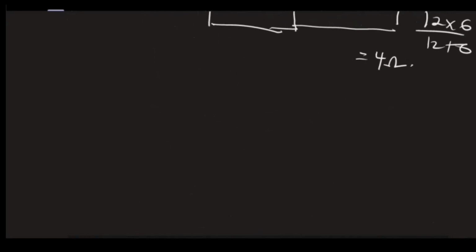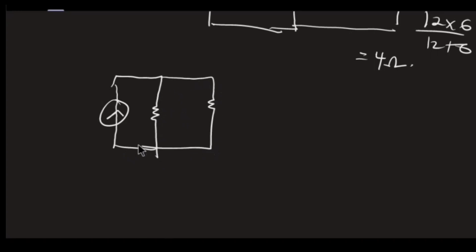The total current will be in parallel to the RN, then in parallel to the resistor. So the IN is negative 21 over 4, the resistor RN is 4 ohm and the resistor is 3 ohm.